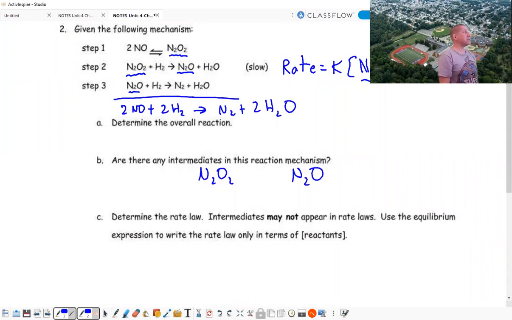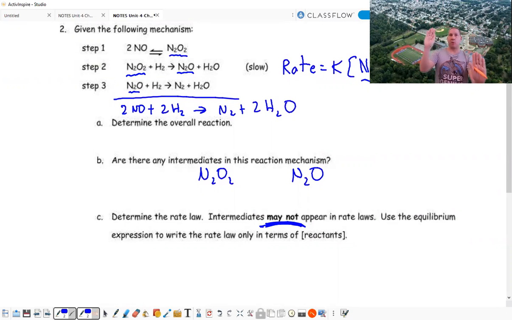Determine the rate law. Intermediates may not appear in a rate law. Now, the reason for this is, remember, when we're doing rate laws, we actually use the initial concentration, because the initial concentration we can set very well. We can set it very well because we determine the setup of the experiment. So if I want to start with 1 molar, I could.